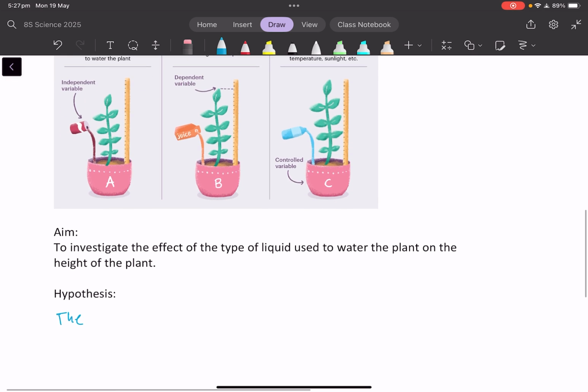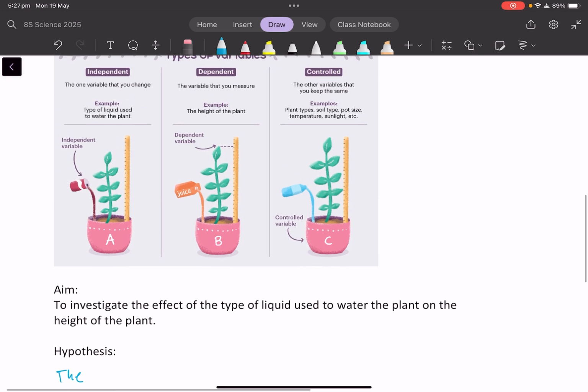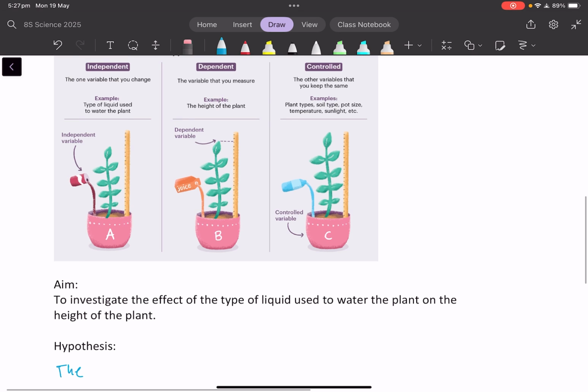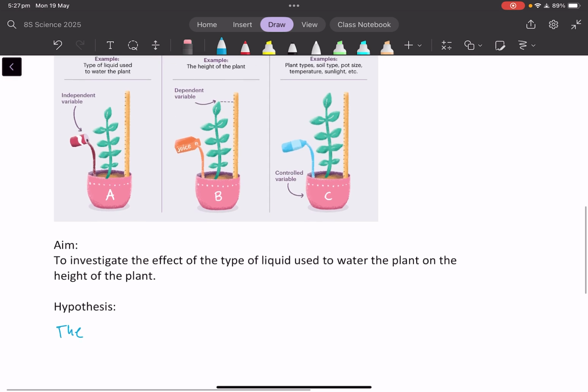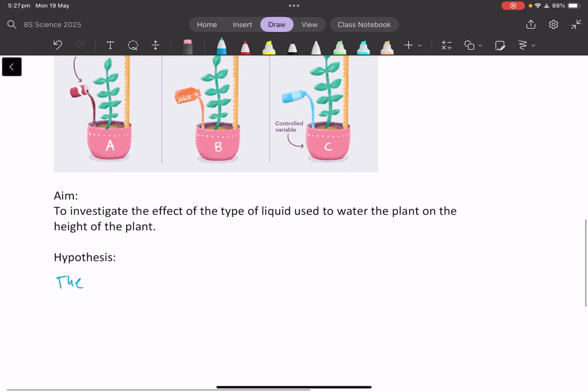So what specific independent variable will I choose? Let's say I want to predict which one will grow the tallest. Maybe I think Coke will, because Coca-Cola has some nutrients, some sugars and things like that, so the plant might grow really tall. So maybe that's what I would predict to grow the tallest.